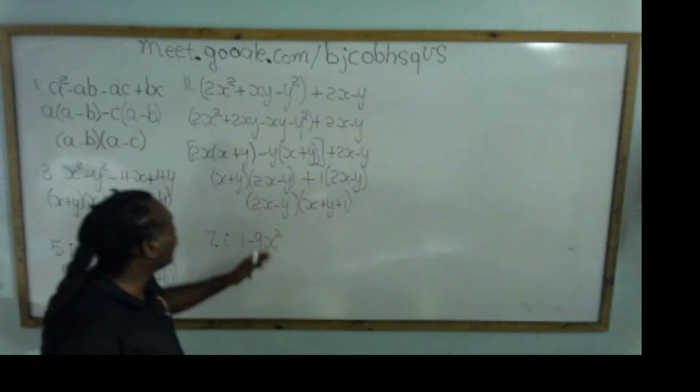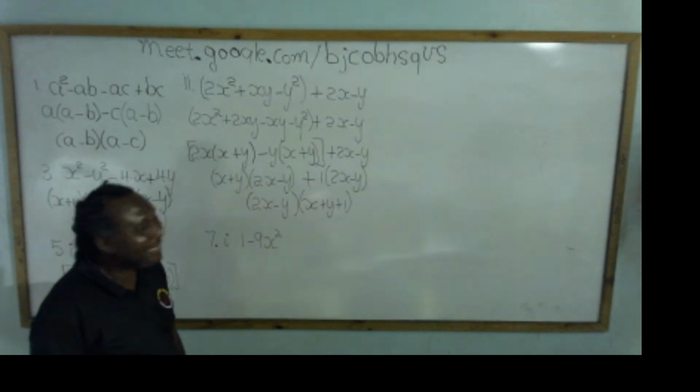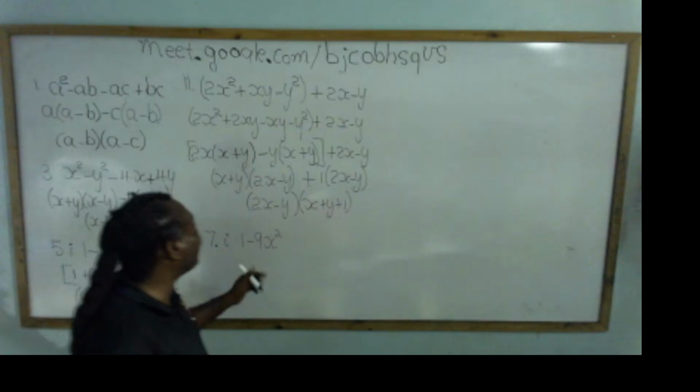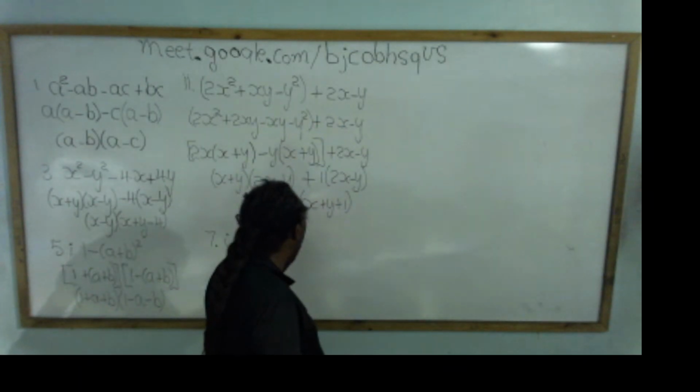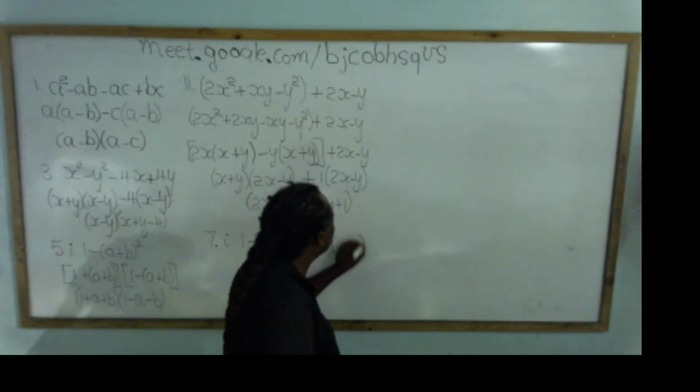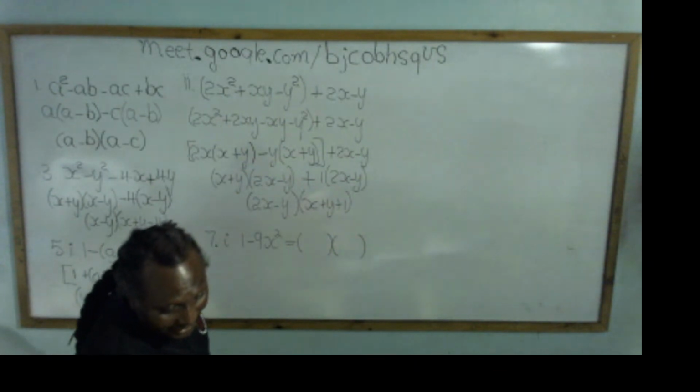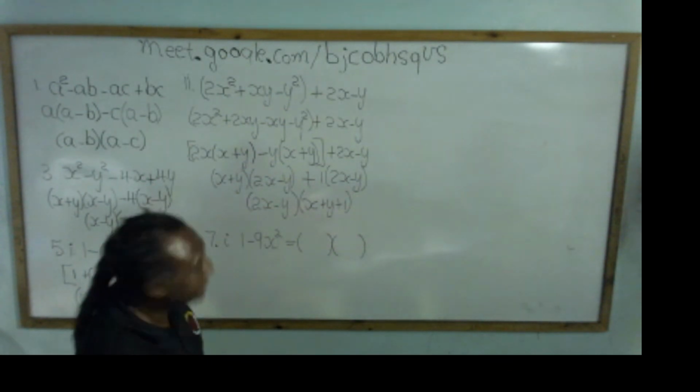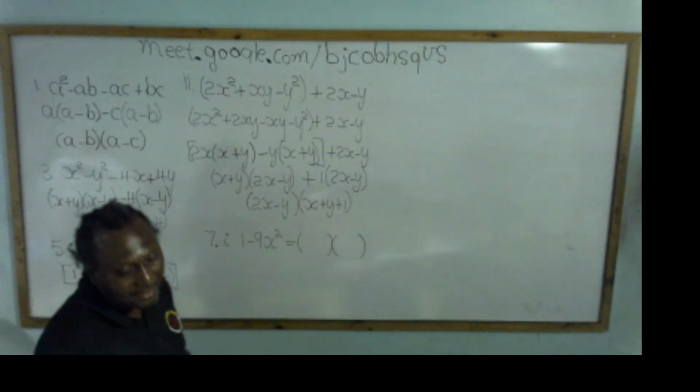Can anybody, someone, give us the factors of this one? 1 minus 9x squared, what are the factors?